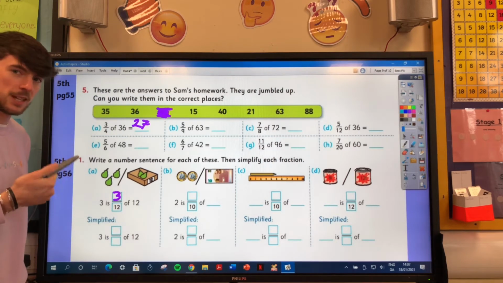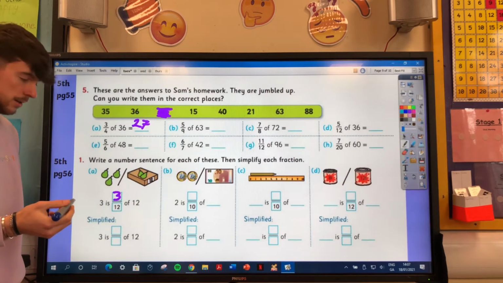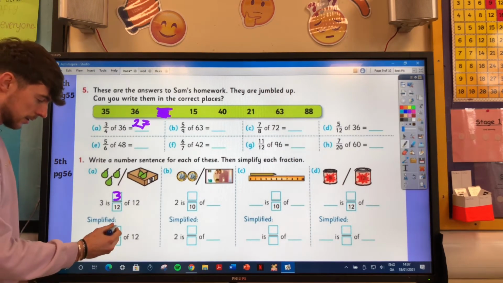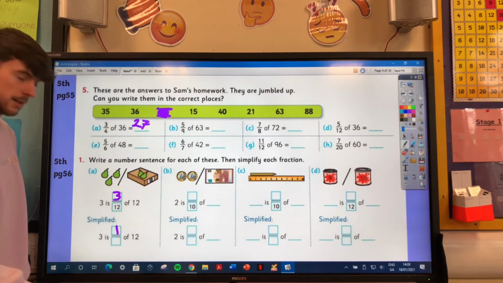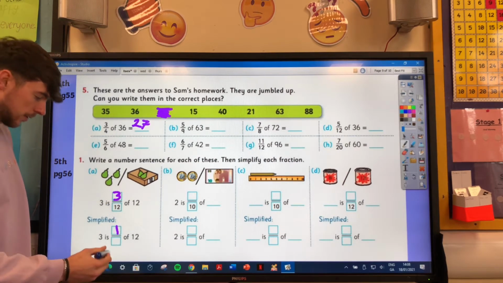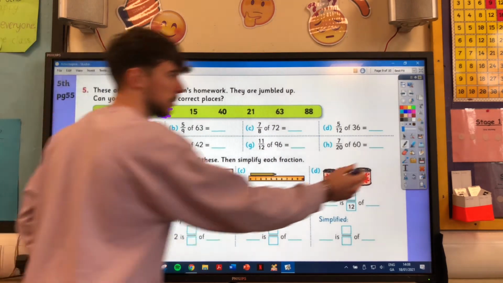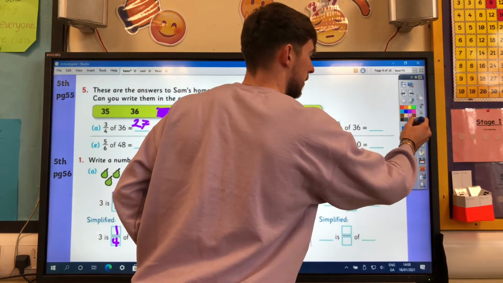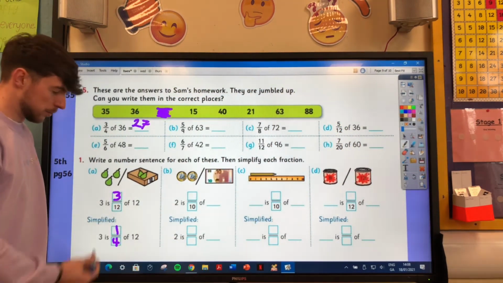Yes, but it becomes the same thing, it's just 3. Can we divide 3 by 3? Yeah, so that's 1. Can we divide 12 by 3? Yes, we can. That's 4, isn't it? So that's all we're doing. We're simplifying. We're trying to find which number can go in evenly multiple times.